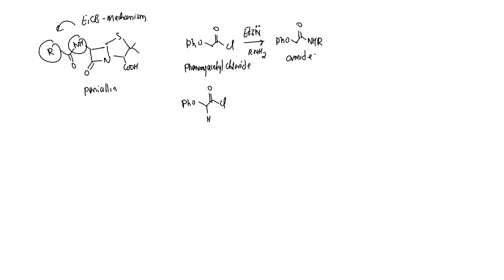Here we have two acidic protons. Let me show one of them. A base such as triethylamine abstracts it, and we get a resonance stabilized carbanion, which rearranges like this. And ultimately a chlorine group is expelled in the second step.